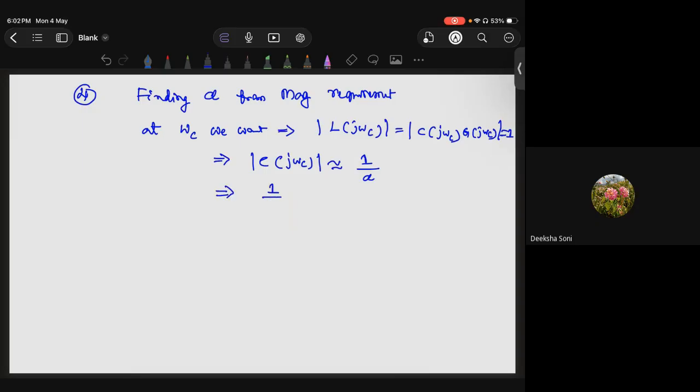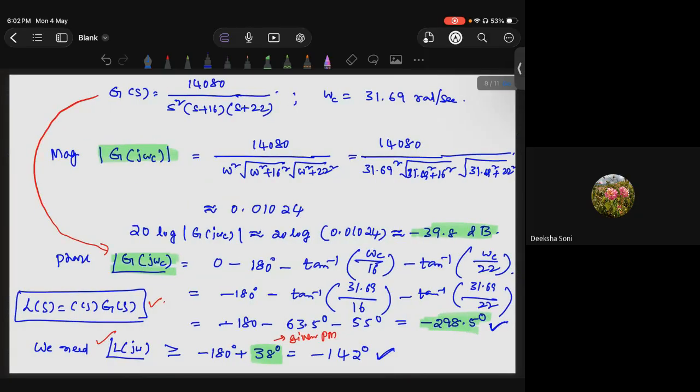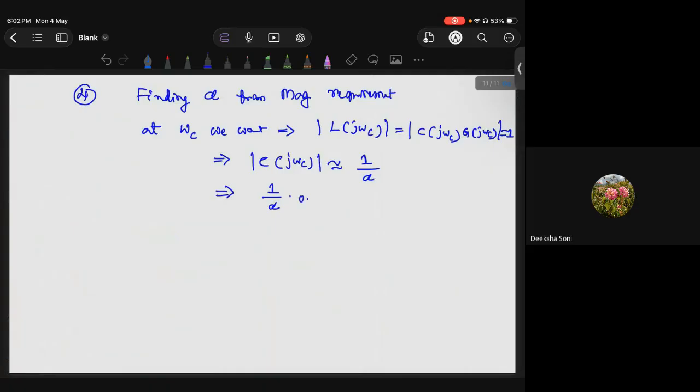So 1 by alpha times C of j omega c, which we have already calculated, 0.01024, is equivalent to 1. So we can calculate alpha as 0.01024. That is our alpha.